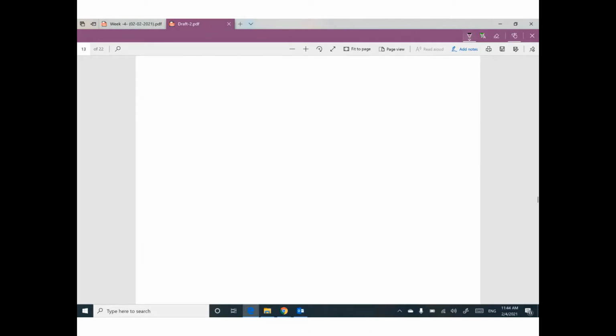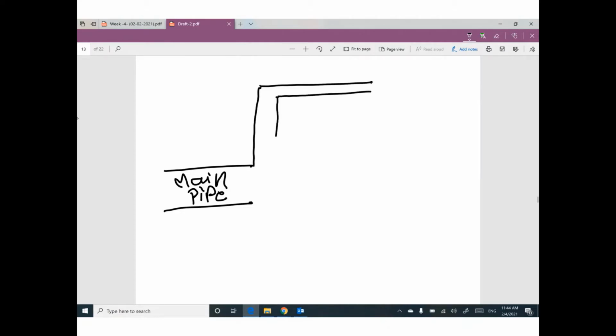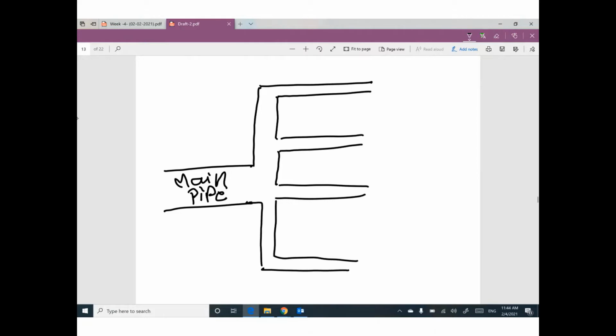Please pay attention. If you have a main pipe and this pipe is distributed to smaller pipes like this, so guys, the discharge at the input, which is Q, equals area times V for this main pipe.